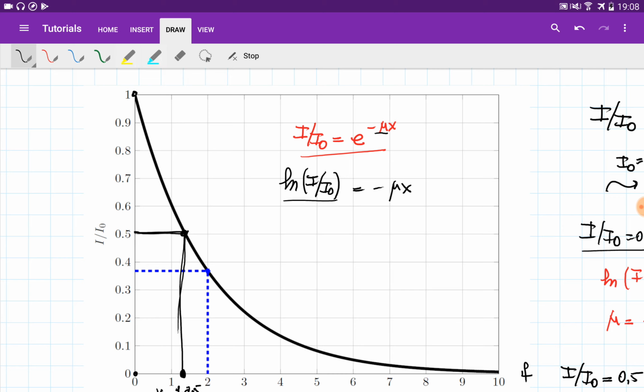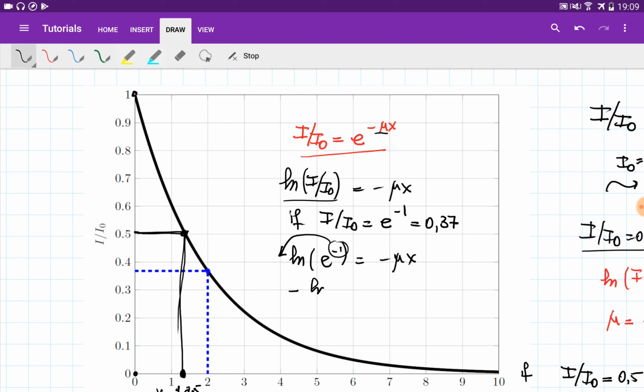It would be perfect if I over I0 were a power of e, for example e to the power of minus 1. So if I over I0 is equal to e to the power of minus 1, which is roughly 0.37, then ln of e to the power of minus 1 is equal to minus mu x. This minus 1 can go down to here.